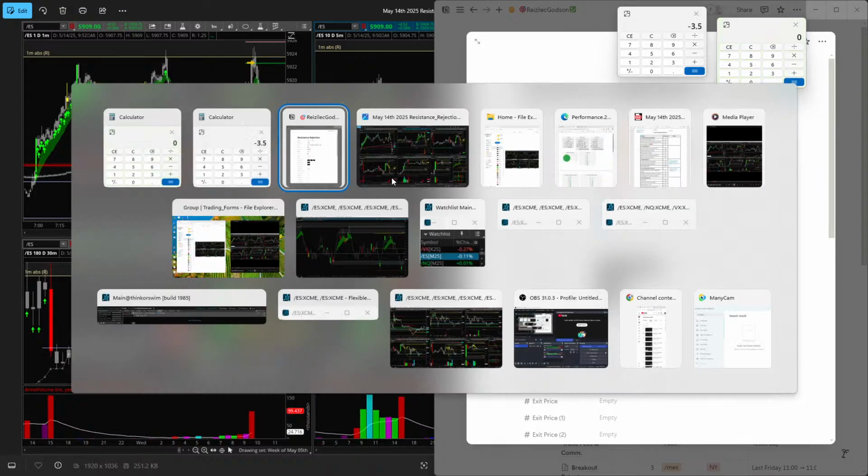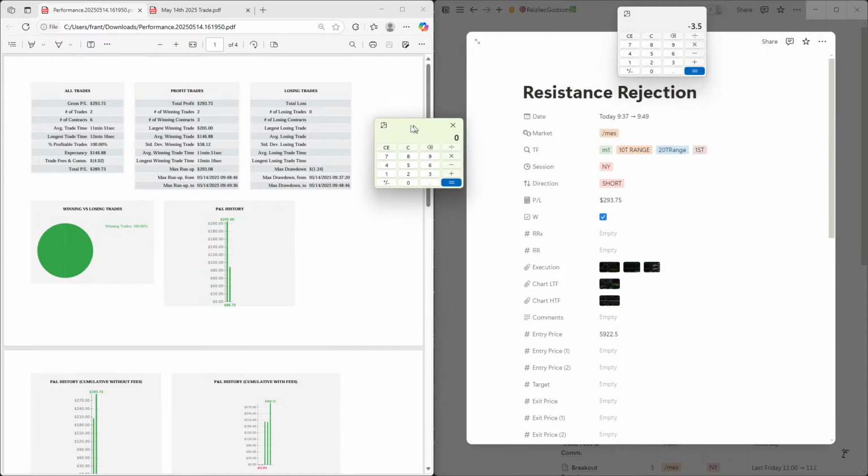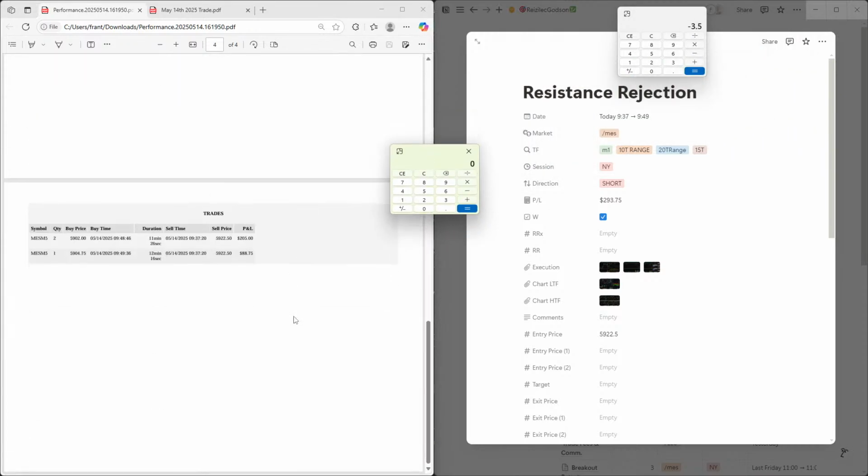And now my exits. Alright, so 205 plus 88.75 divided by 15. So 19.58 is my actual return.